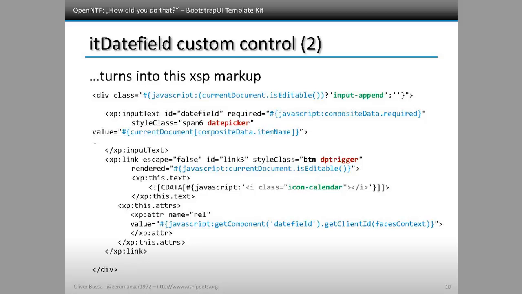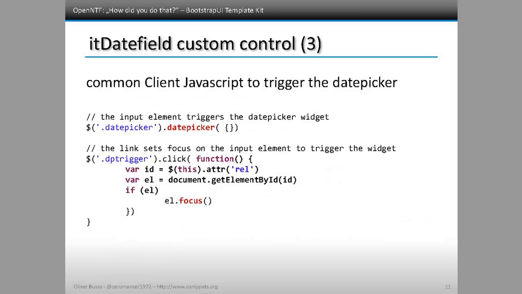The trick is to define classes on the item and the button also. The field is styled with a class called datePicker, and the button has a DP trigger class. Of course, you need client-side JavaScript to achieve the effect.